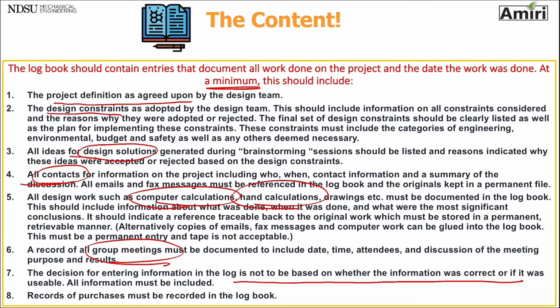It doesn't matter. Everything that you are doing should be recorded. If later on you figure out that was wrong, so be it. The issue is that you cannot base whether to enter something into your notebook on whether it's correct or incorrect.